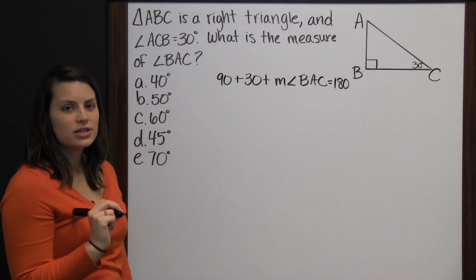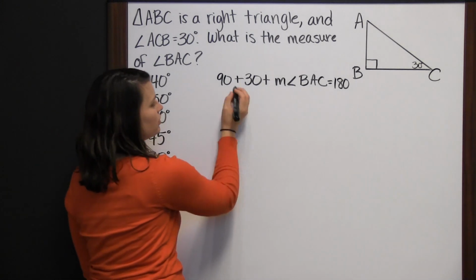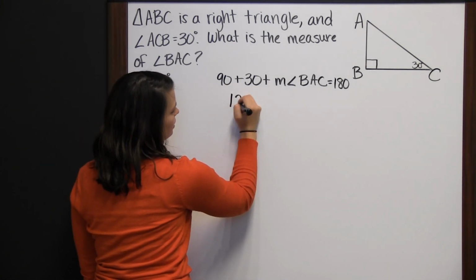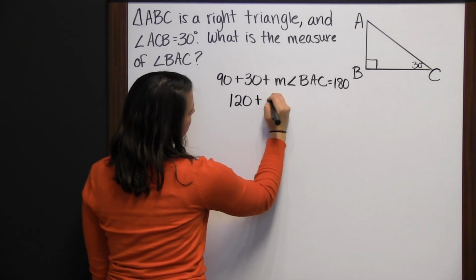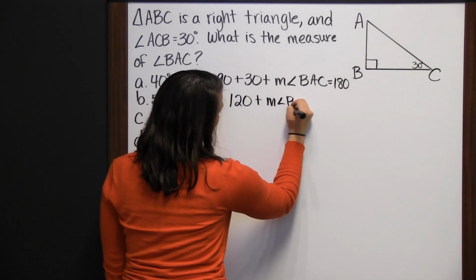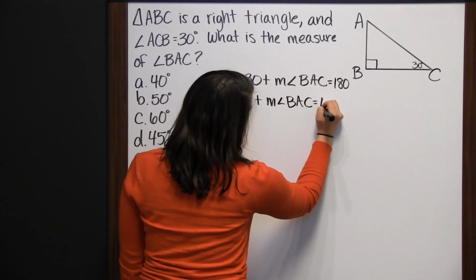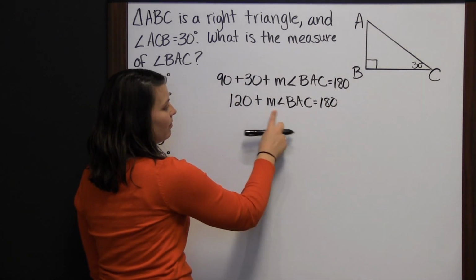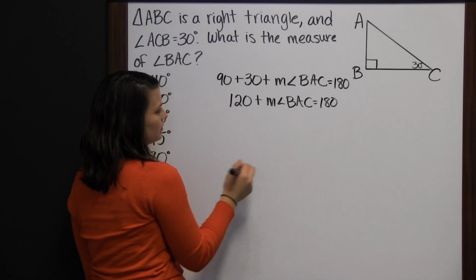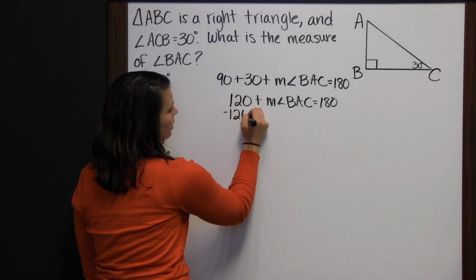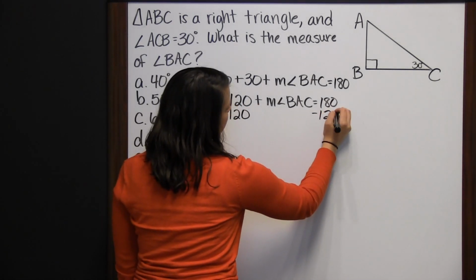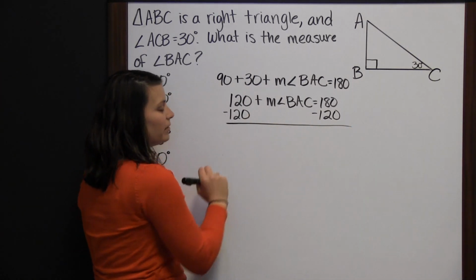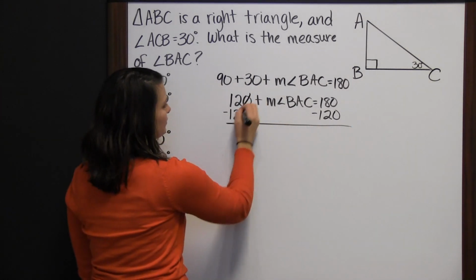The first thing I need to do is combine like terms. 90 plus 30 is 120, plus the measure of angle BAC is 180 degrees. To solve for the measure of angle BAC, we need to subtract 120 from both sides. 120 minus 120 is 0.